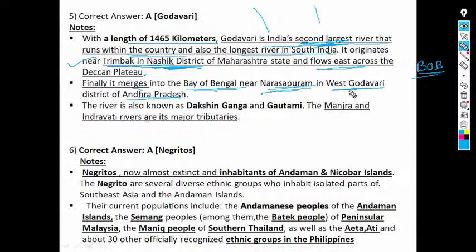The river is also known as Dakshin Ganga and Gautami. The Manjra and Indravati rivers are its major tributaries.